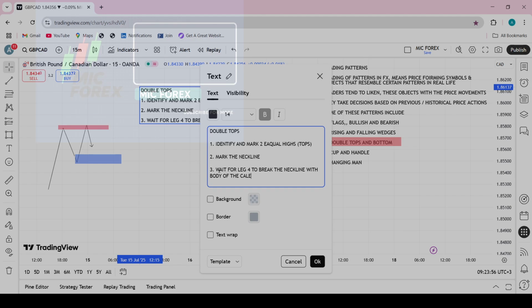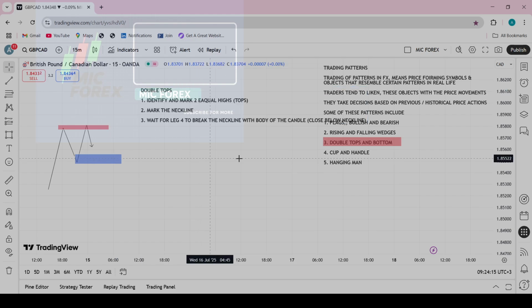In other words, we are saying close below neckline. It has to close below neckline.